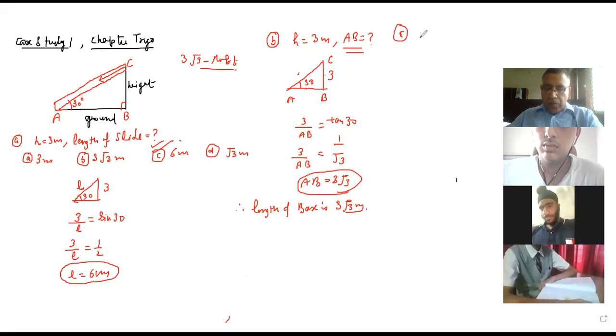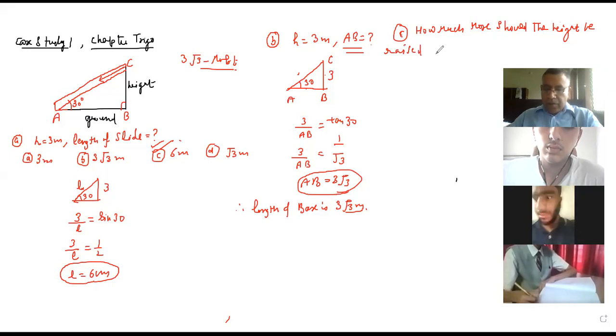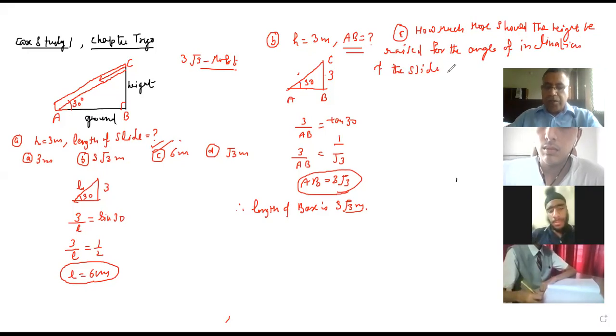How much more should the height be raised for the angle of inclination of the slide to become 60 degree?